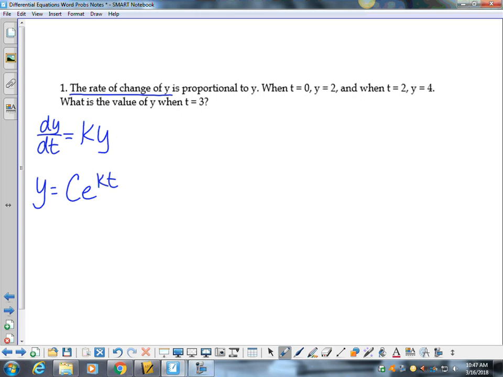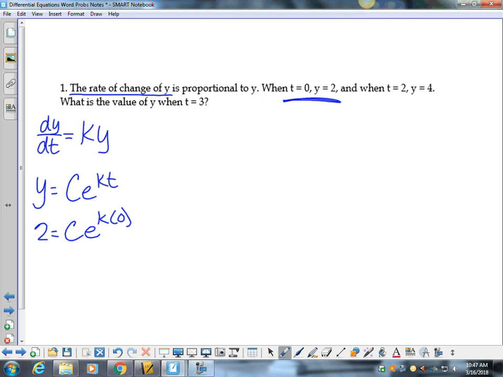All right, so now I have this. Now it says when t equals 0, y is 2. So can we plug some stuff in? What do you know? Don't know C. Don't know k. But what's t?